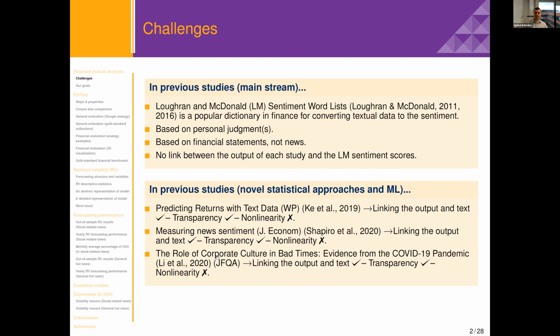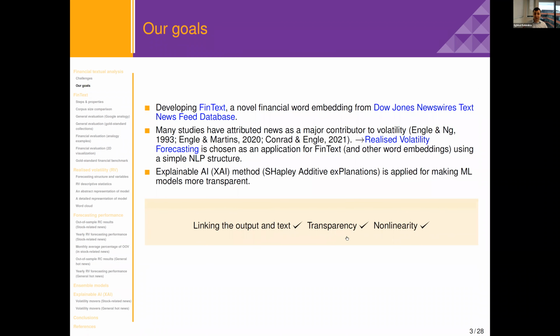But recent papers and research are mostly focusing on expanding it and bringing this linking between output and textual data inside of the model. But the point here is that most of them are ignoring the non-linearity in the textual data, which is quite important in textual analysis. Here, first we introduce fintechs based on Dow Jones Newswire textual database, where we are using 15 years of all news in the market for developing a word embedding for finance, accounting, business, and management.